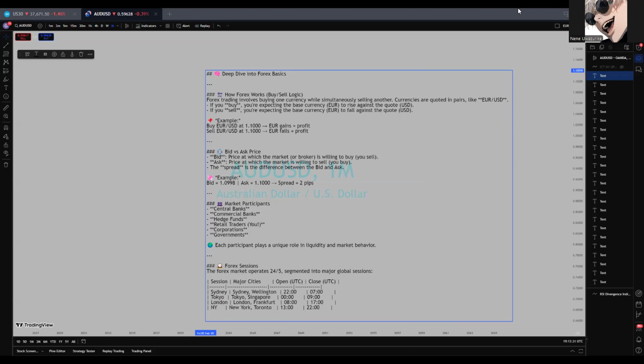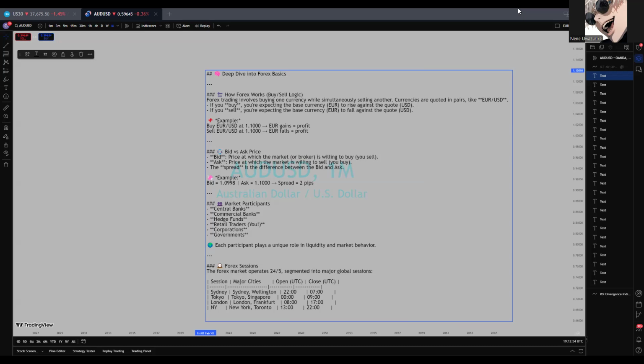So currencies always have a quote and a base currency. The base currency is the one that comes first, while the quote currency is the latter one.